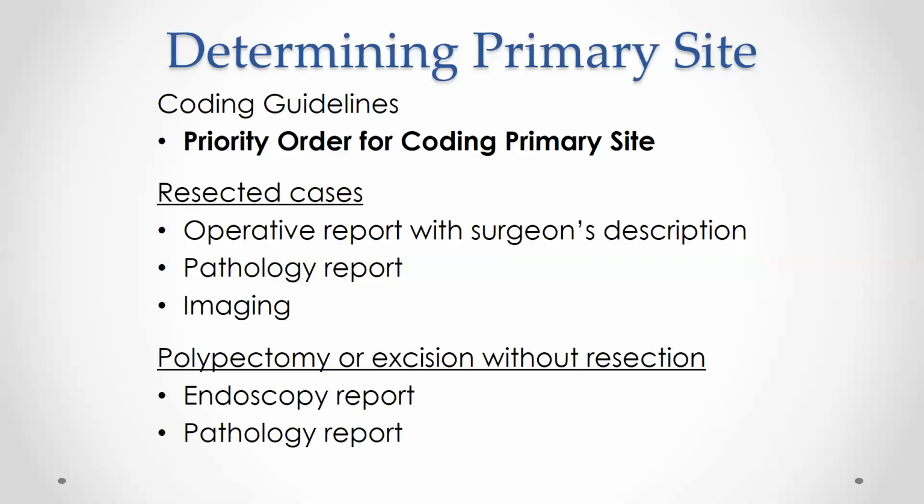For cases where there's a polypectomy done, the endoscopic report would contain the best information to code the primary site location. Now, path report is listed on both of these. It's second. That doesn't mean you cannot take it from a path report, but just be careful when you're trying to find the primary site and really try to narrow it down and text that information well.